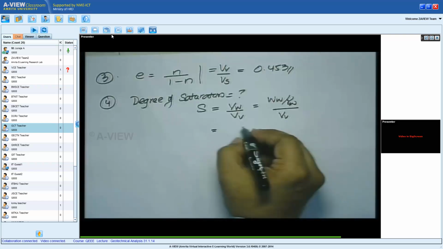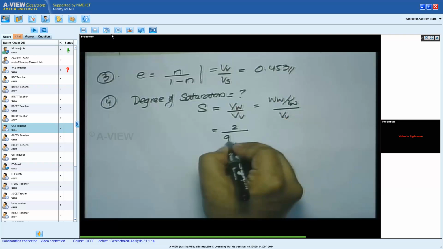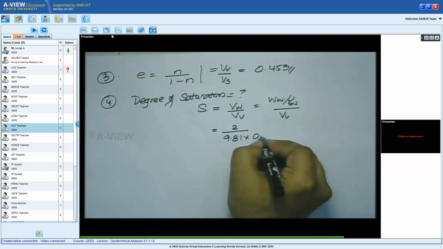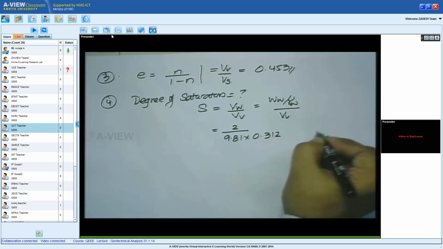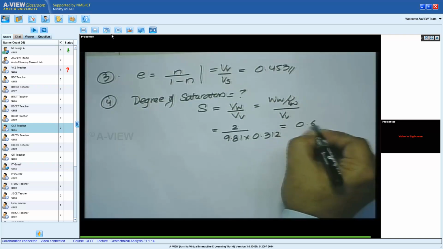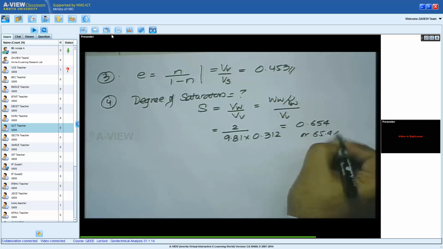Can I rewrite this as weight of water, times 9.81, times the volume of voids, which I think we have derived as 0.312. So this leads to a value of 0.654, or 65.4%.